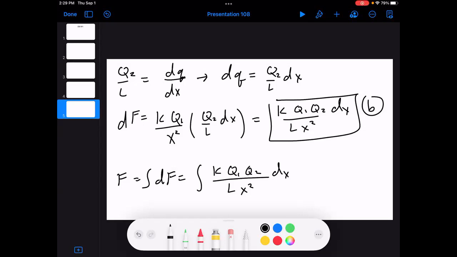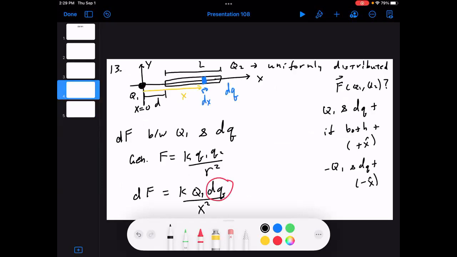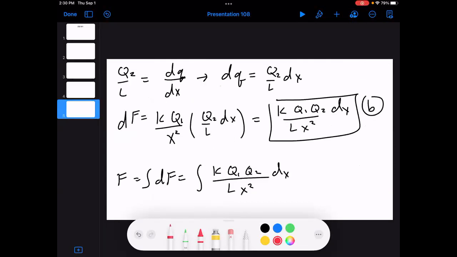So we're integrating x. Where should we start integrating x, and where should we stop? Where should we start? D, excellent. Where should we stop? D plus L. You got it. So we should start right here and we should end right there, basically. So we're going from D to D plus L.